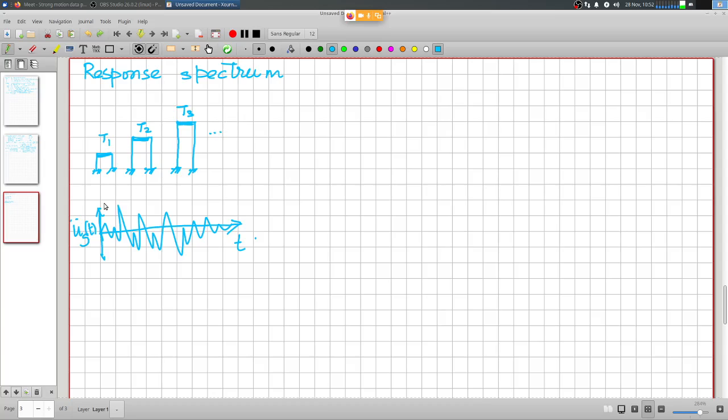So different oscillators. The point is, all these systems are excited by the same ground motion.